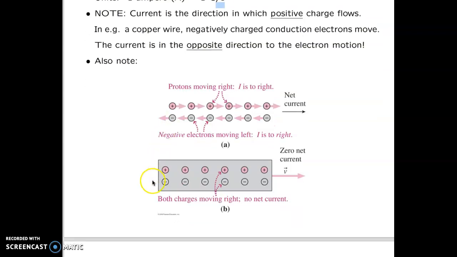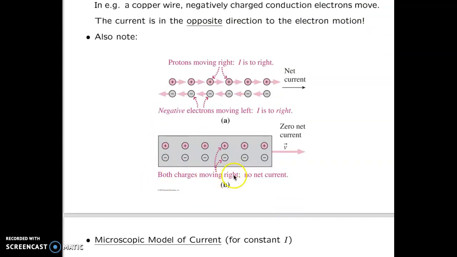If you have a block of material here, you have positive charges and negative charges. Maybe the whole material is electrically neutral. The positive charges balance out the negative charges. If you move that block to the right, let's say with a velocity v to the right, the positive charges and negative charges move to the right.